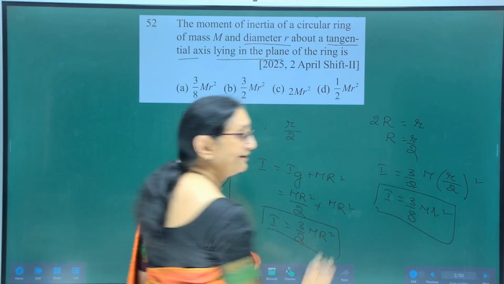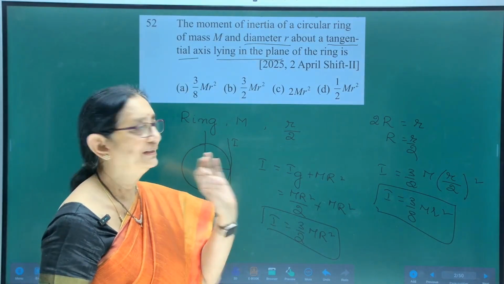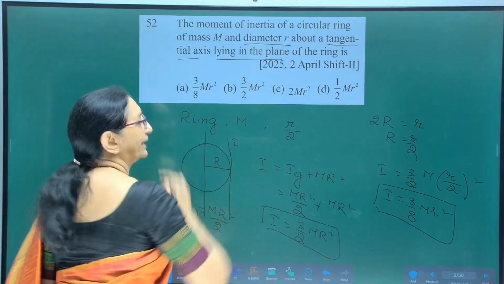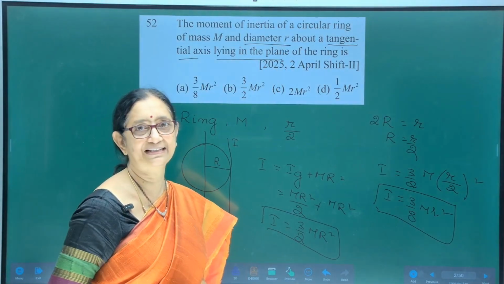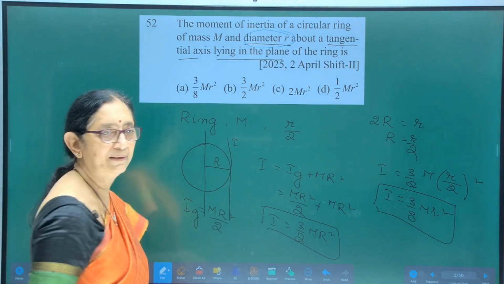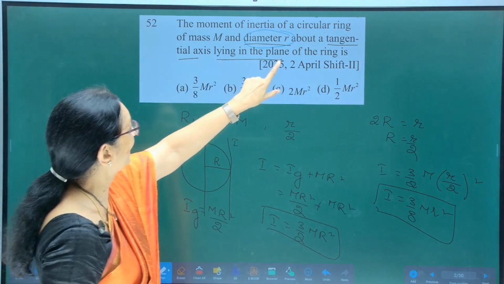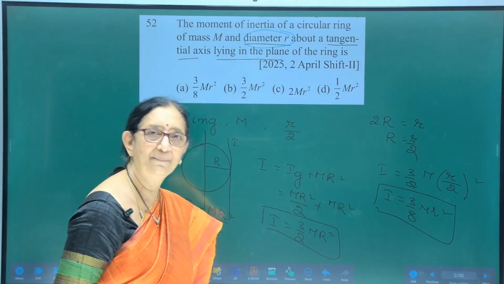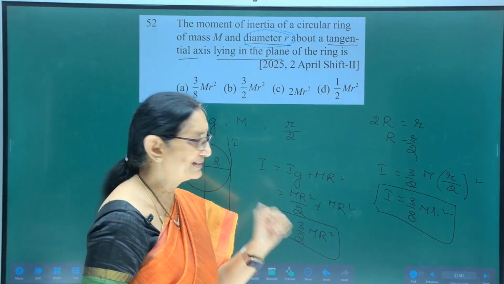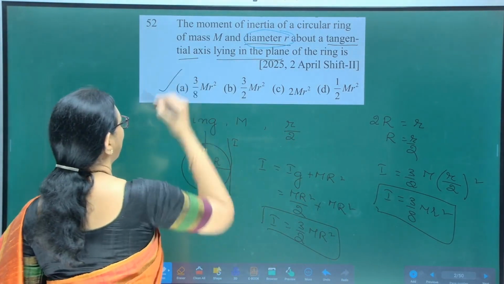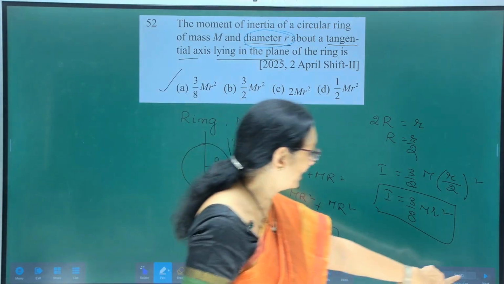So, you have to note the keywords here. Normally, if we look at r, we feel that it is the radius, but here it is the diameter of the ring given. It is about the tangential axis in the plane, that is 3 by 2 mR square, where R is small r by 2. So, the correct choice is 3 by 8 mr square.